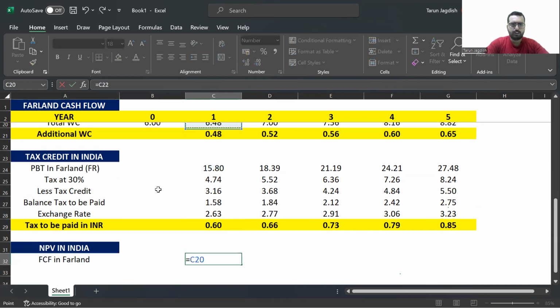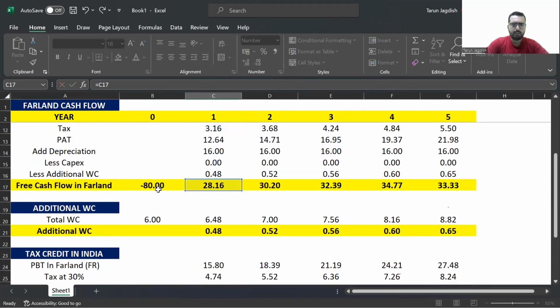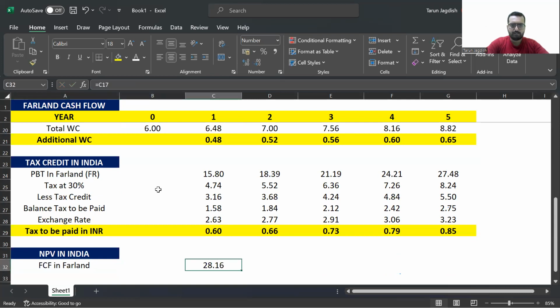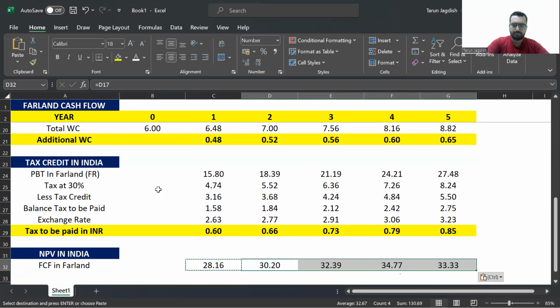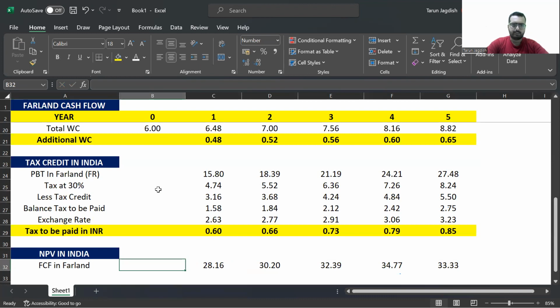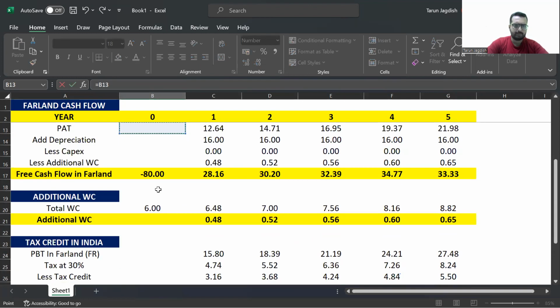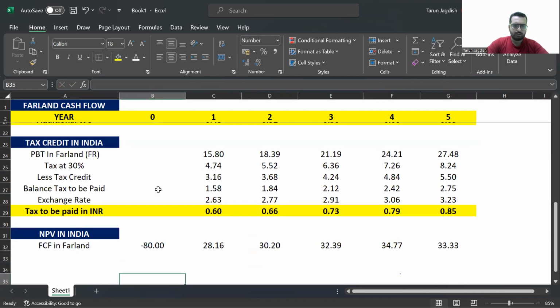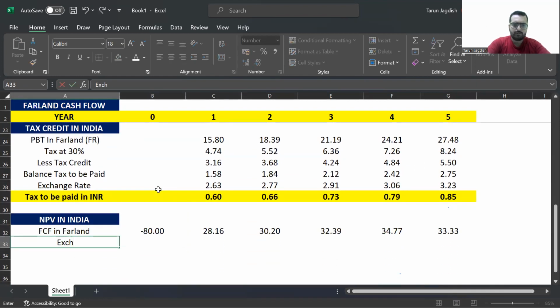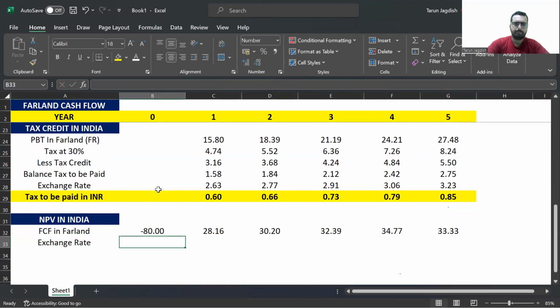What was the free cash flow that you have? 28.16, etc. Apart from here, year 0 also we have some cash flow, right? How much is that? 80. Then I'll write down exchange rate. The exchange rate for the first year is going to be 2.5.